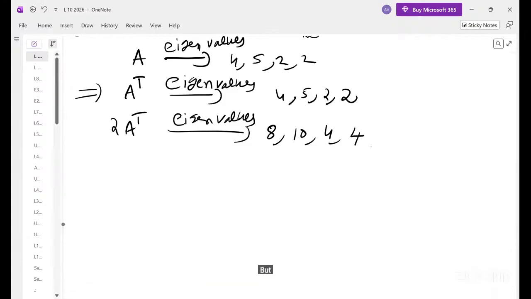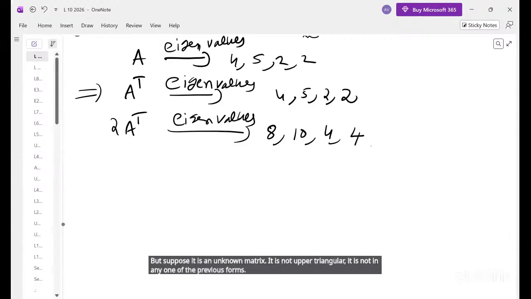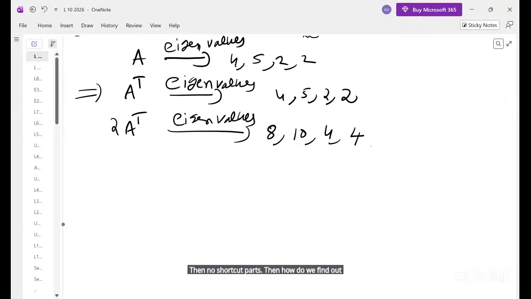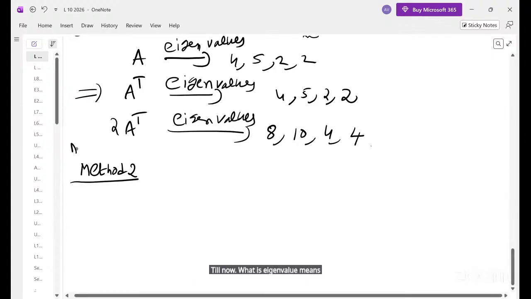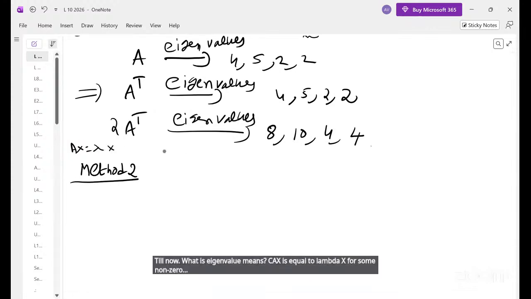But suppose it is an unknown matrix, it is not upper triangular, it is not in any of the previous forms, then no shortcut works. Then how do we find the eigenvalues? That we are going to see. Method 2 of finding eigenvalues. Method 1 we have seen till now. What does eigenvalue mean? Ax is equal to lambda x for some non-zero column vector x.